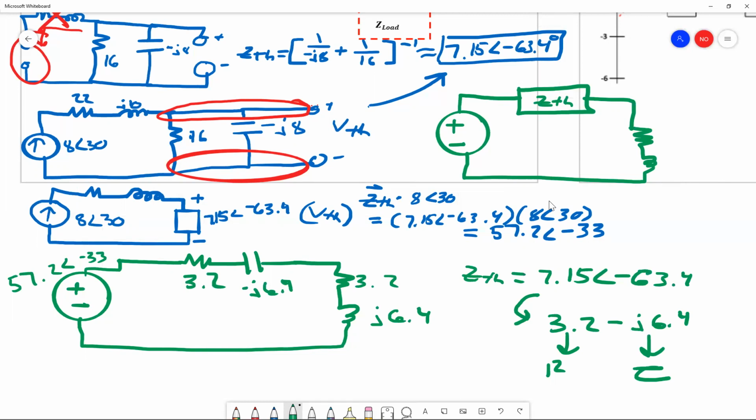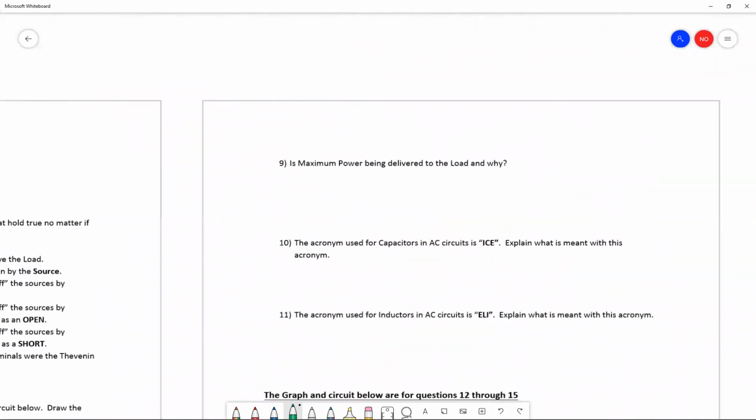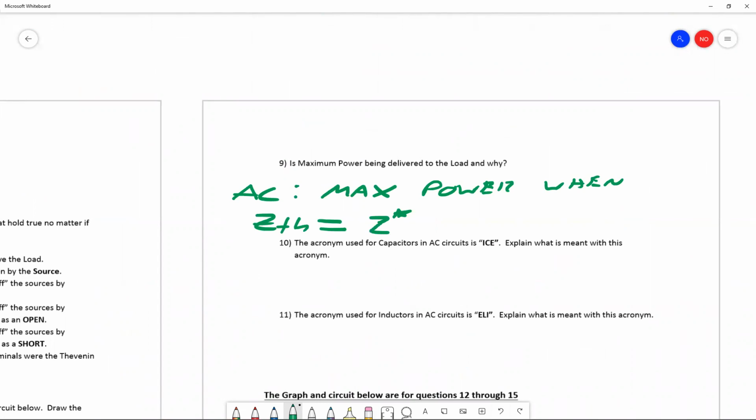Now that we've got our full Thevenin equivalent circuit, our next question, question 9, is: is maximum power being delivered to the load? When you're thinking AC, you have max power when Z Thevenin is equal to the complex conjugate of the load impedance.